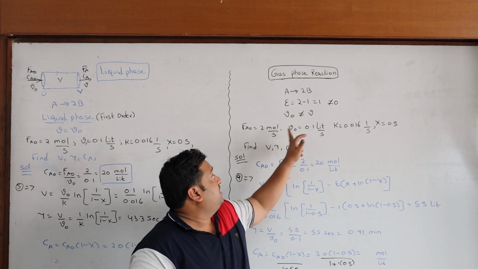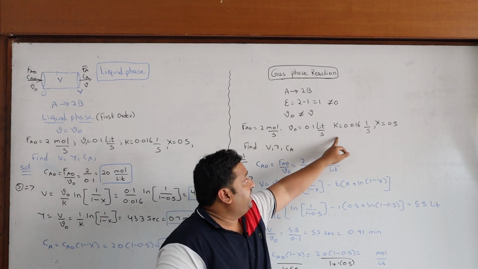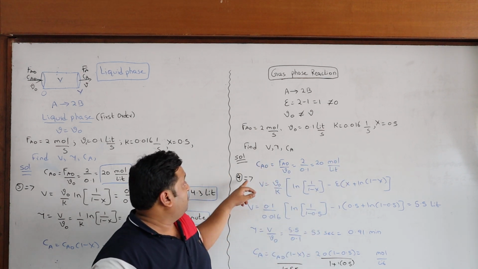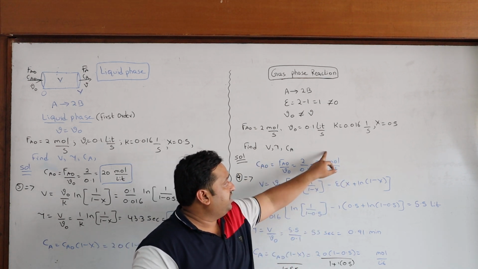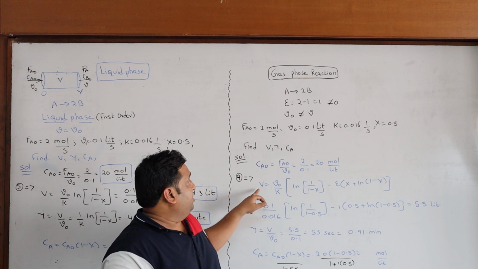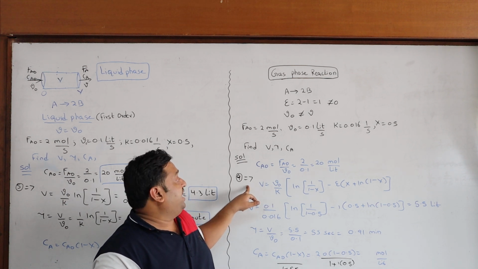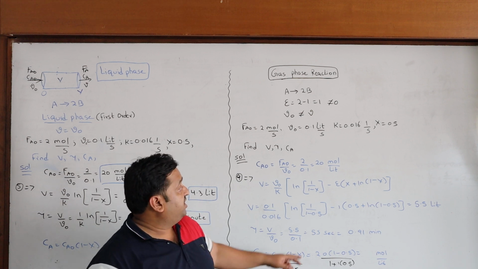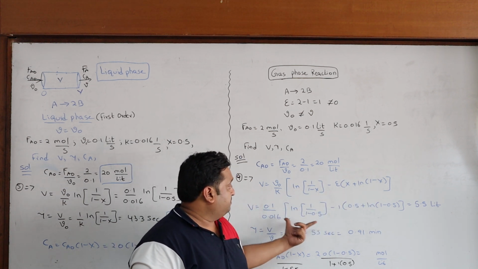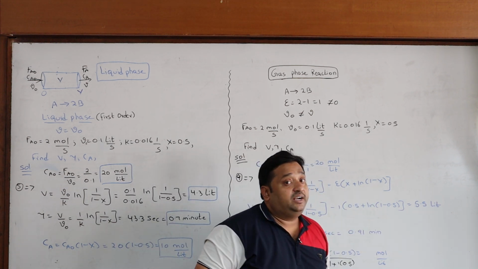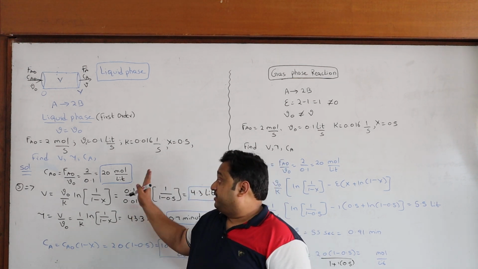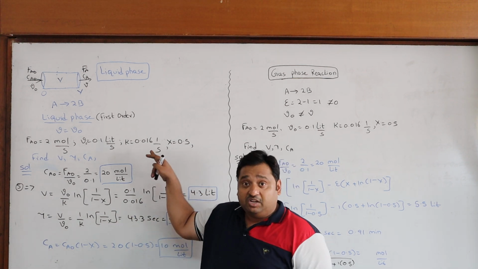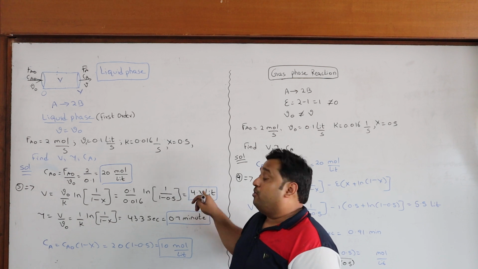Now given molar flow rate, volumetric flow rate, rate constant and the conversion, what is the initial concentration? It is nothing but 20 mole per liter, and you have to use the equation number 9 to estimate the volume, because it is a gas phase reaction. Now you know everything, substitute, you get 5.5 liters. See, for the same conversion in the liquid phase, you need 4.3 liters.